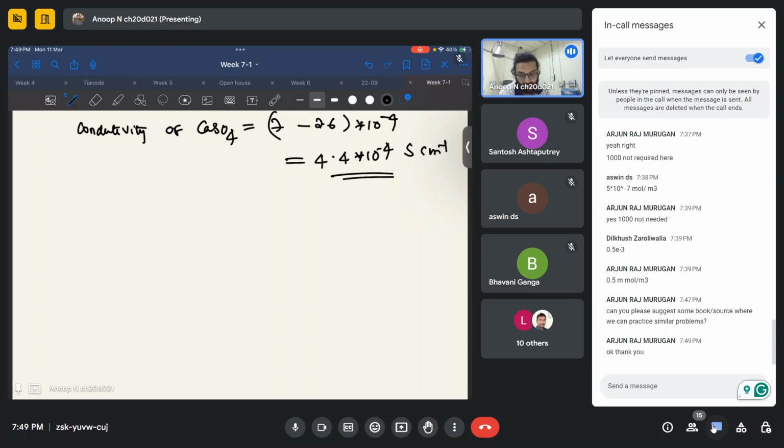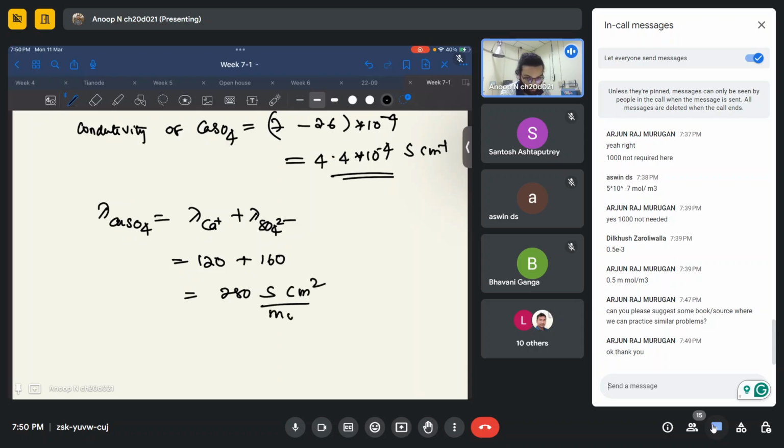So we have calculated the conductivity. Lambda CaSO4 is equal to lambda Ca2+ plus lambda SO4 2-, which is given in the question. For Ca2+ the molar conductivity is 120, plus for SO4 2- it is 160, which will be equal to 280 Siemens centimeter squared per mole.